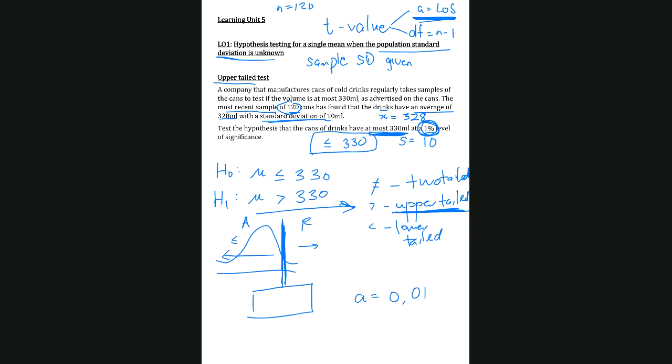And then you need your degrees of freedom, which is calculated as n minus 1. And in this case, n is equal to 120, minus 1, which is 119. So we're going to take 0.01 and 119 to table 2 of your appendix, which I'm going to put up now.